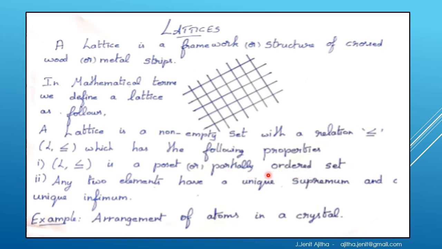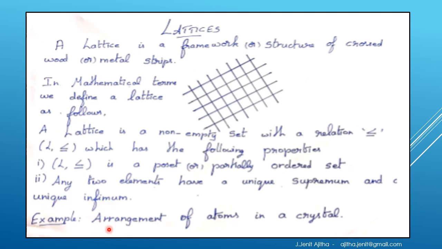What is a partially ordered set? A partially ordered set is a non-empty set with a relation defined on it, and the relation should be reflexive, antisymmetric and transitive. And also the next property, any two elements should have a unique supremum and a unique infimum.